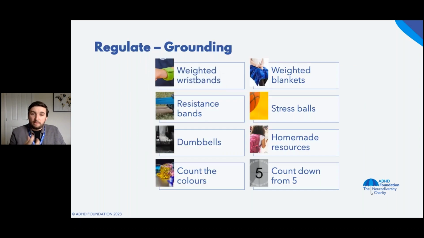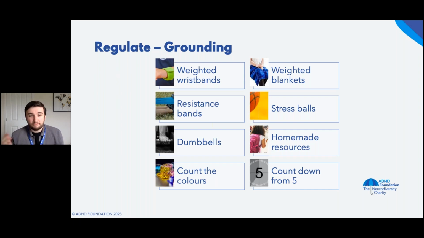But sometimes we might need more physical input, especially depending on the sensory profile and what that comes out with. So we might need a more grounding technique. Sometimes this is a physical sensation, like a weighted wristband, a weighted blanket, resistance bands, stress balls, dumbbells. You can do it homemade in lots of different ways too.